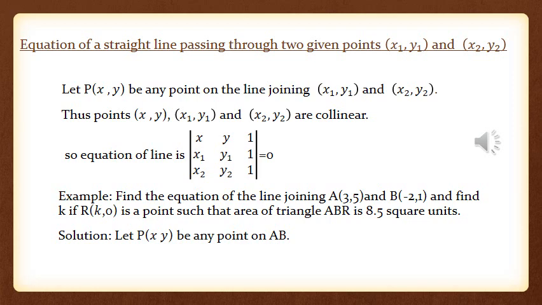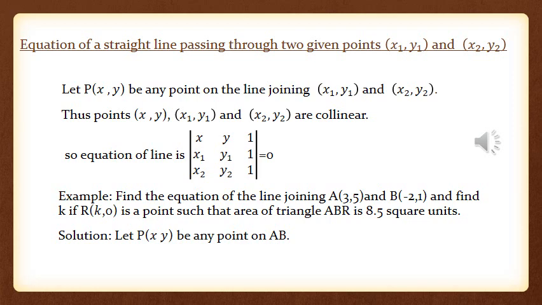Now let's have one example. Find the equation of the line joining A(3, 5) and B(negative 2, 1), and find K if R(K, 0) is a point such that the area of the triangle ABR is 8.5 square unit.